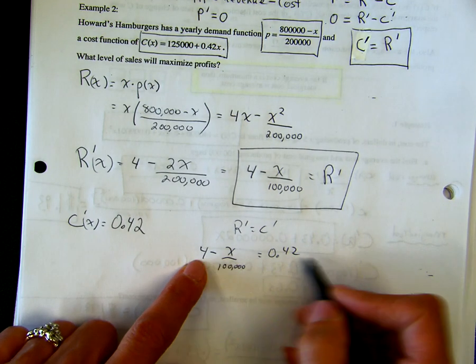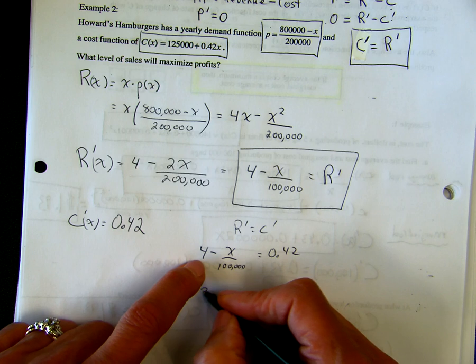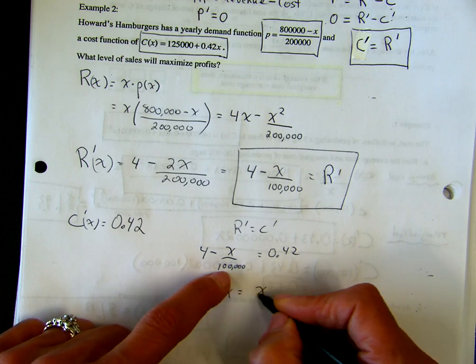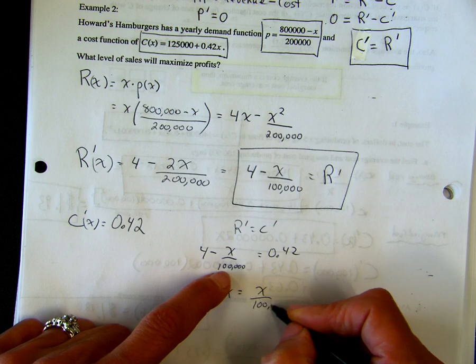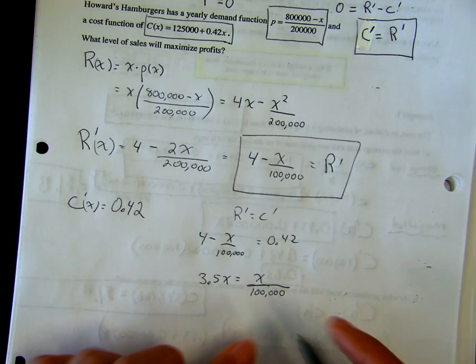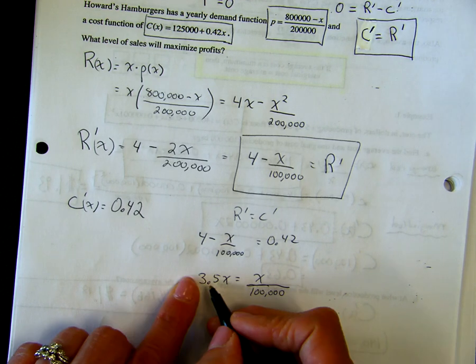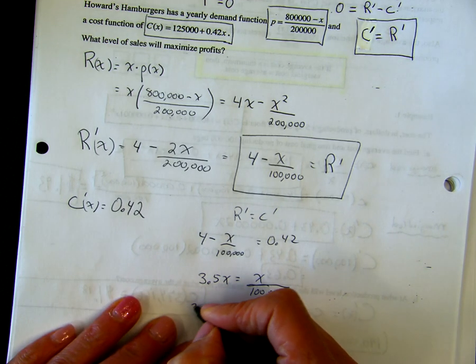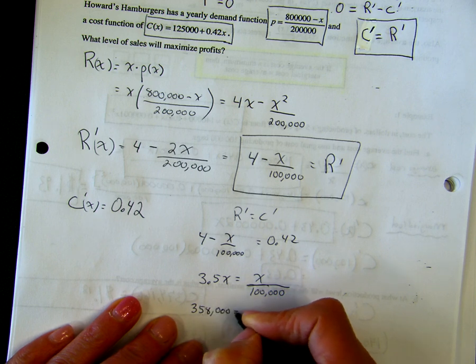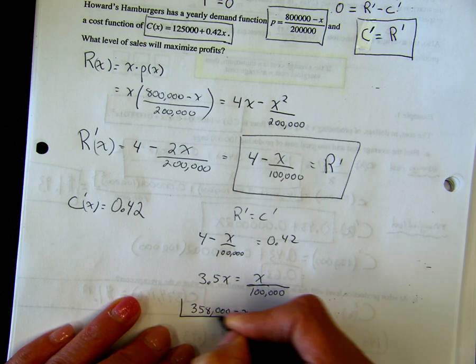I'm going to subtract 42 cents from both sides. I've got 3.58. I'm going to add X over 100,000 to both sides and solve for X, multiply both sides by 100,000, I get 358,000 is equal to X.